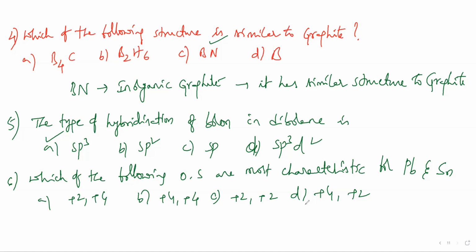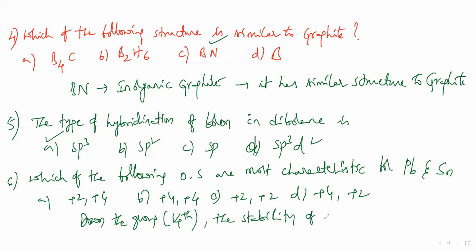Okay, this belongs to the carbon family. We know that down the group, that is the 14th group, the stability of +2 oxidation state increases.